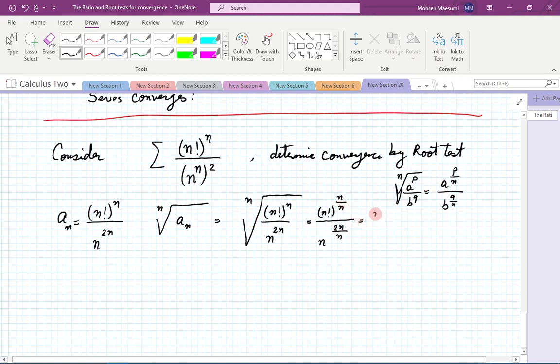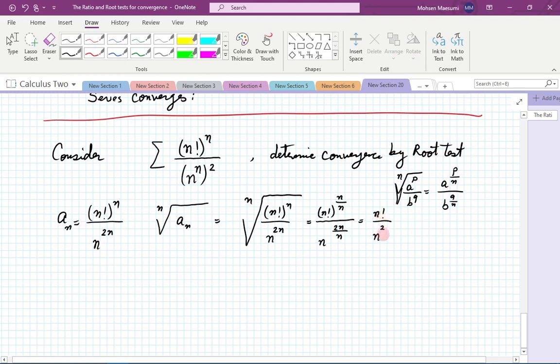So the numerator is n factorial, the denominator is n squared. So the ratio becomes this. Now where does this ratio go? n factorial over n squared.